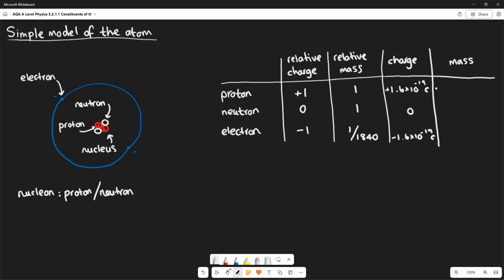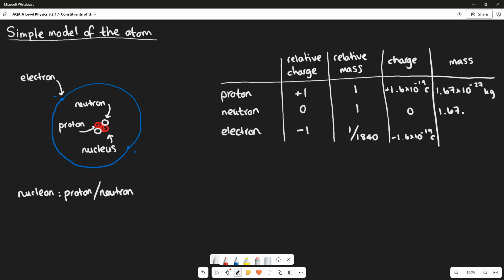The mass of a proton is 1.67 times 10 to the power of minus 27 kilograms. And the neutron is almost exactly the same. If I was to write these out to three decimal places, then the masses would be ever so slightly different.